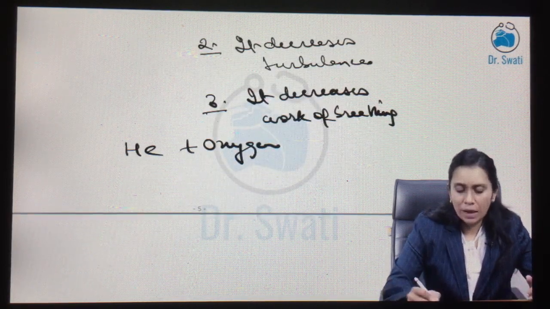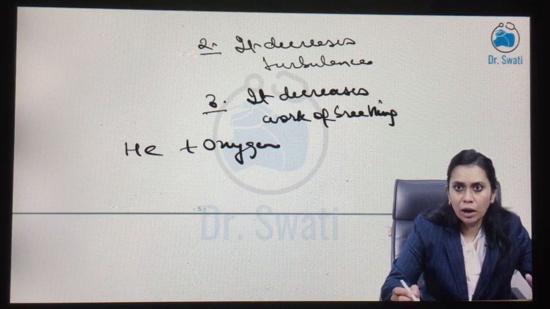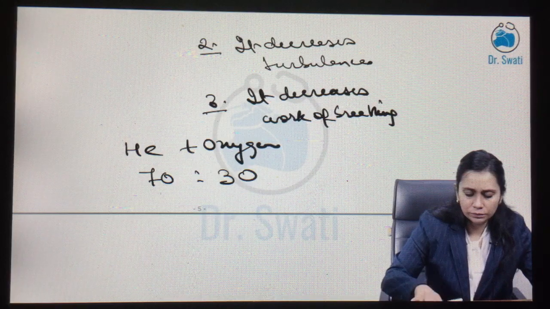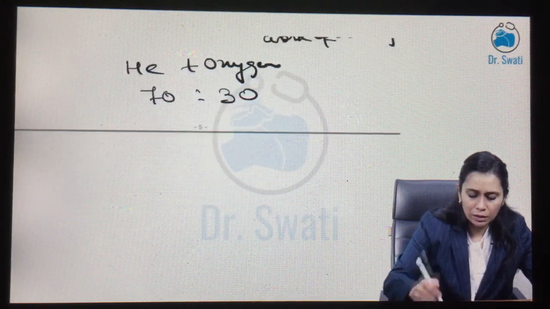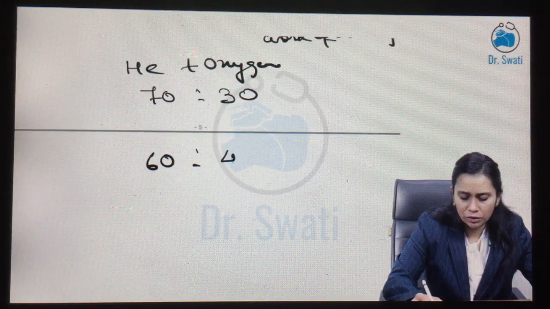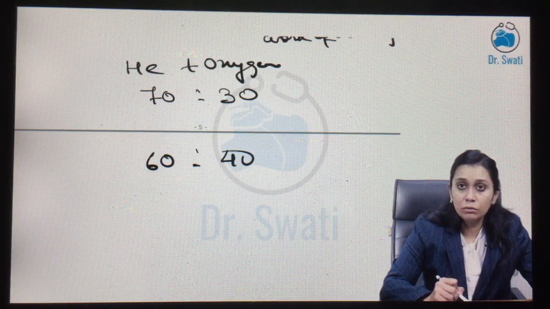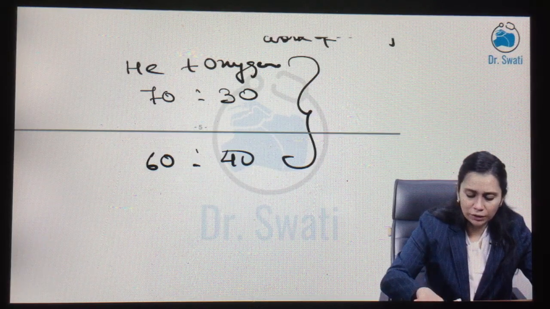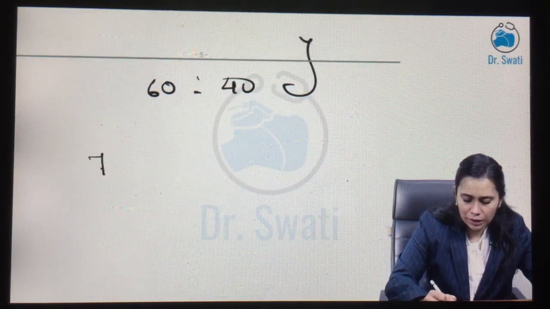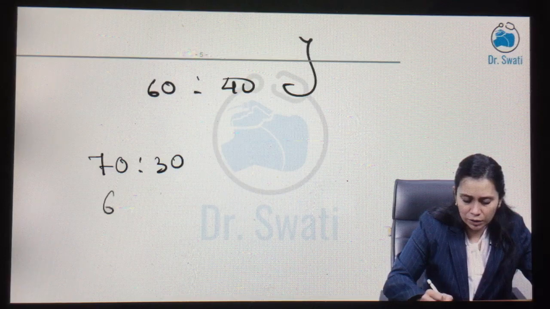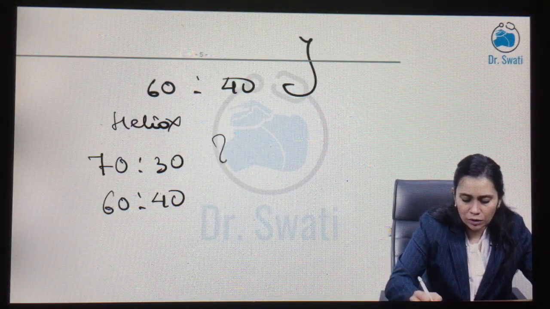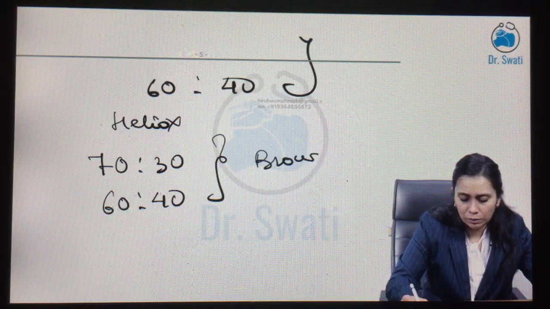The amount of helium added to oxygen comes in two compositions: 70% helium, 30% oxygen, and 60% helium, 40% oxygen. Okay. We have two kinds of heliox, 70-30 and 60-40.